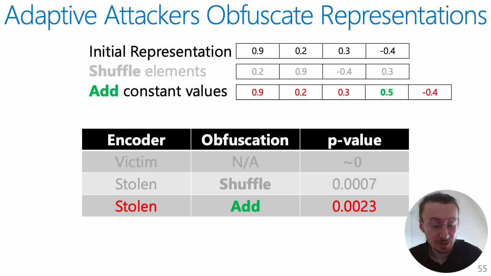An adversary might also add a constant value within the representations, or just pad them, for example, with 0 values. And still, for these cases where we have this additional obfuscation, adding to the elements within the representations or padding them, the p-value is still much below the threshold of 5%, which means that even with this obfuscation, we still correctly classify the encoder as being stolen.